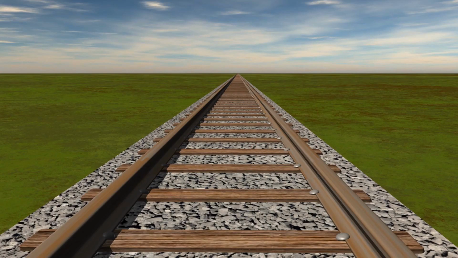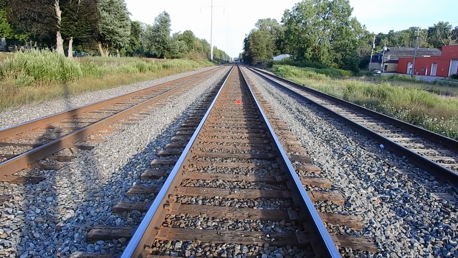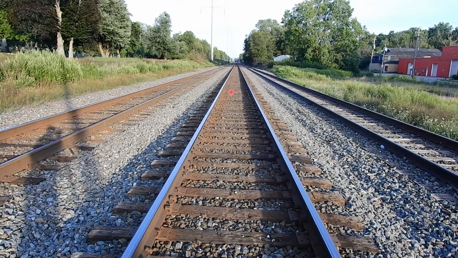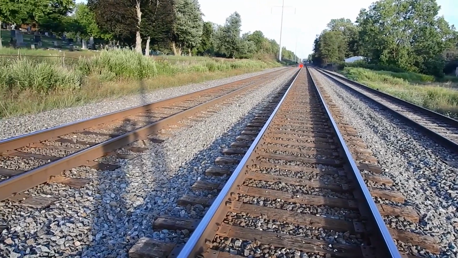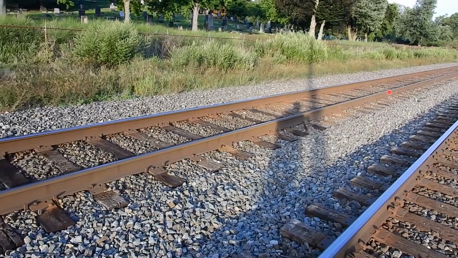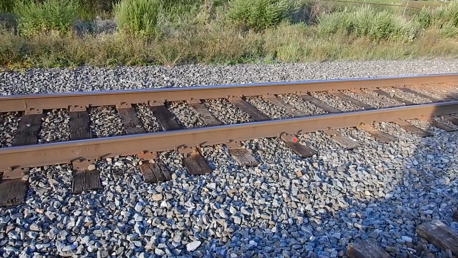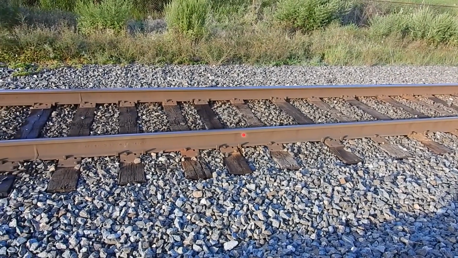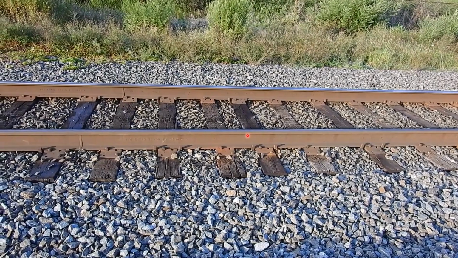Let's look at it in real life. So here we have a video that I had done of actual railroad tracks. And as you can see, they're converging to one point, a single point perspective. But as I move the camera away from that convergence, now I'm lining my camera up with the lines horizontally, and what do you know? There's no convergence. This is what we experience on a daily basis.